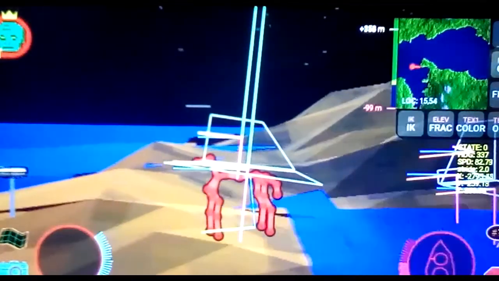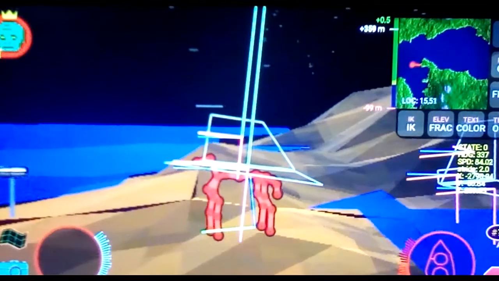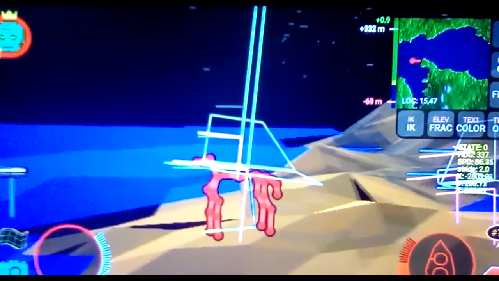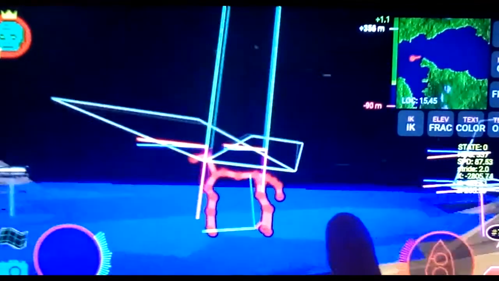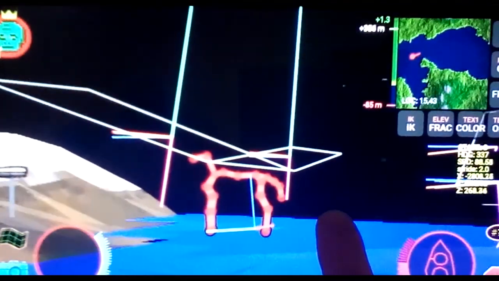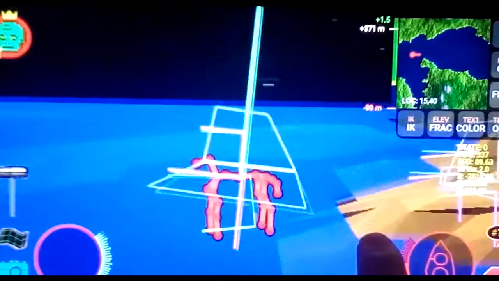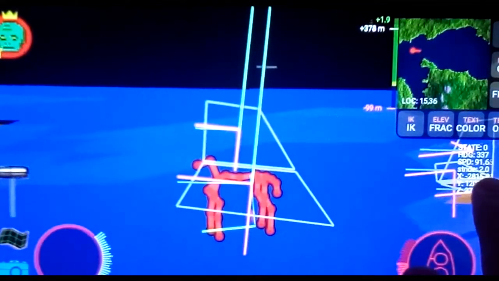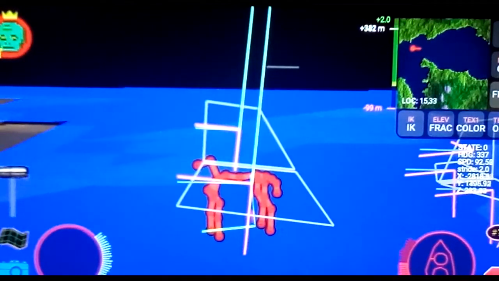Oh, and I'm no longer negative in my vertical speed, and I am now positive in my vertical speed. Just by doing that. And my actual airspeed is now up to 90.